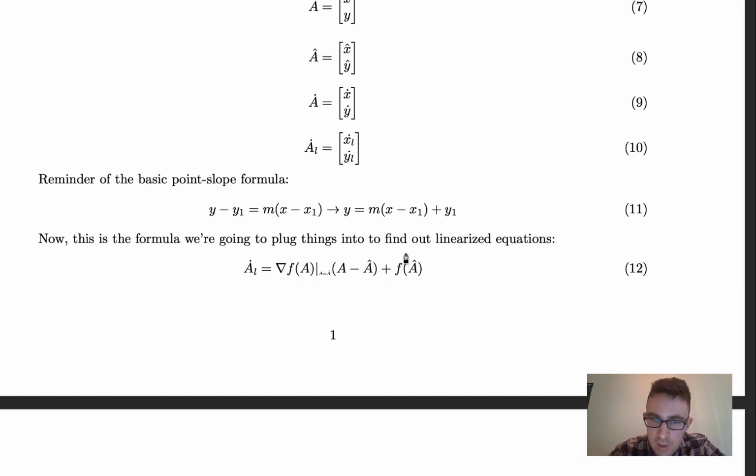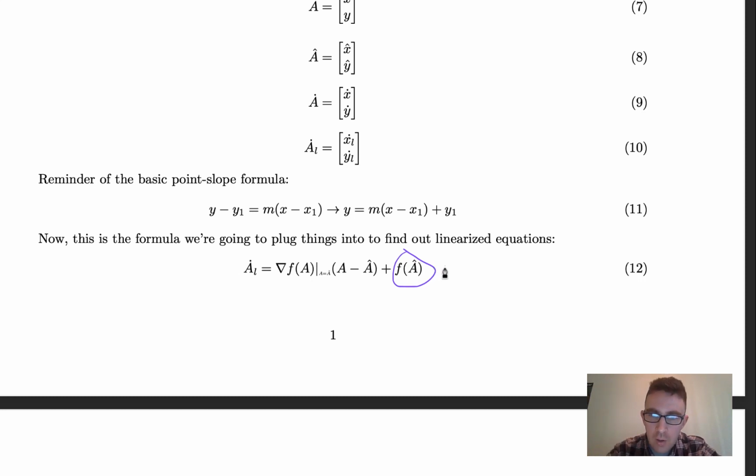Okay, so the easy one to start with is this term here on the end. I wrote f of a hat. All this means is the solution to our original system of ODEs at our equilibrium point. So we already know this is going to be 0, because the way we found the equilibrium point was by setting the ODEs equal to 0 and then solving.